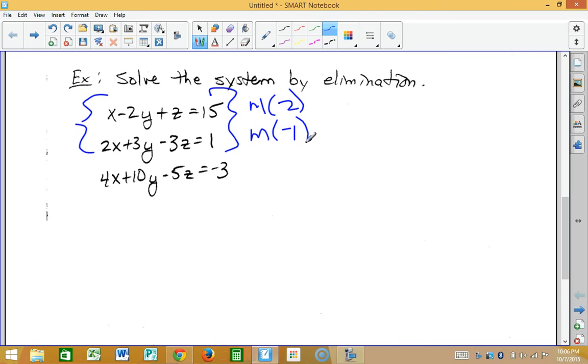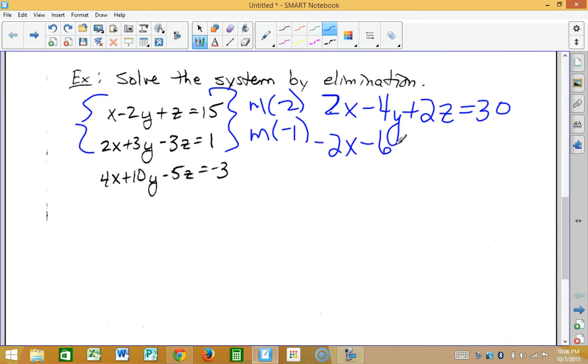So when we multiply, we end up with 2x minus 4y plus 2z equals 30. And we end up with negative 2x minus 6y. Oh, not minus 6y. Sorry about that.